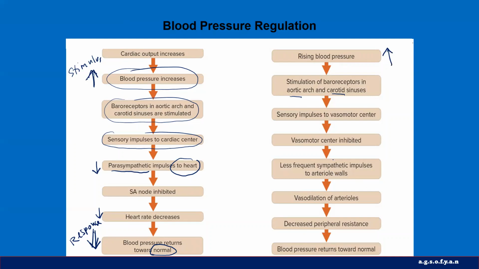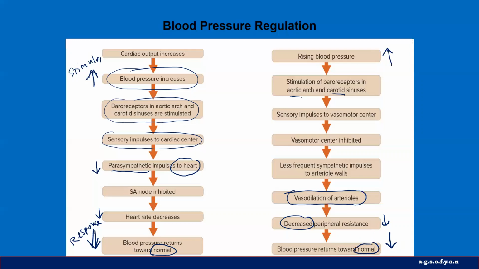It is sent to the control center, and then the control center will send the information to the smooth muscles of the arteries, and this smooth muscle will dilate. So it's called vasodilation. It will decrease the PR, peripheral resistance. Then at the end, it will also decrease the blood pressure to the normal rate.